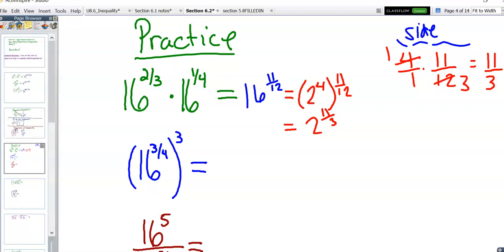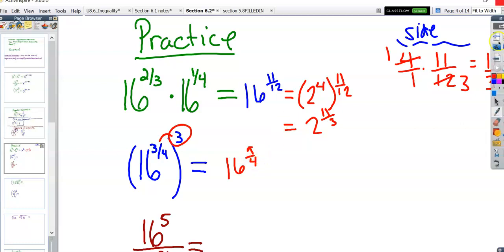For 16 to the 1/4 power, again, we're taking an exponent to an exponent. So you can distribute the 3 and multiply. 3 over 4 times 3 over 1 is the same as 9/4.